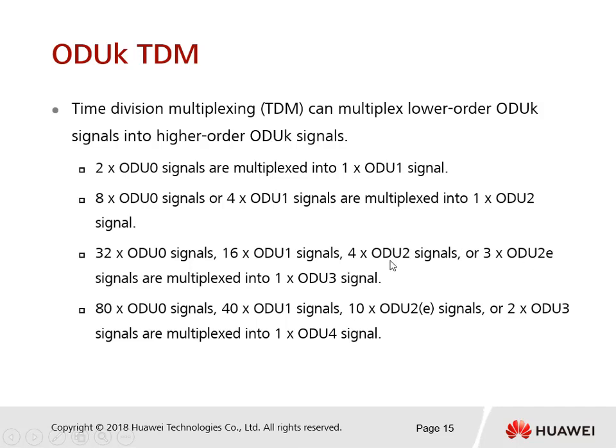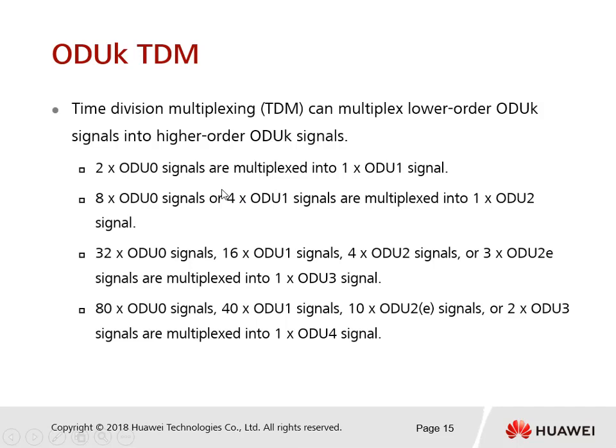So here pay attention. The rate for the ODU2 and ODU2e is a little bit different. So 4 ODU2 can go to 1 ODU3, but if we use ODU2e, 1 ODU3 can only support a maximum of 3 ODU2e. And last one, we'll show you the ODU4, how many ODU0, ODU1, ODU2, or 2e we can support. And here pay attention, we also can support mixed transmission.